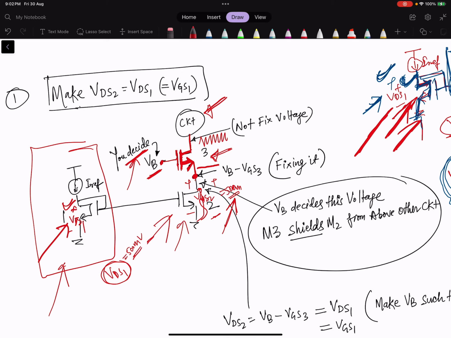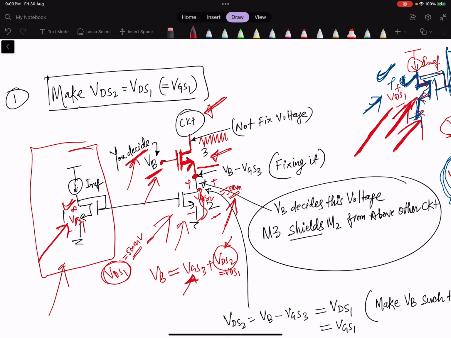We will fix this voltage VB. VB is equal to VGS3 plus VDS2, and this should be equal to VDS1. And we will make VGS enough for the saturation condition.